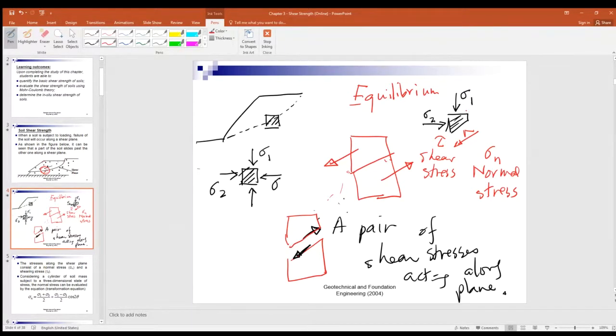particles, if the element is subjected to the vertical stress sigma 1 and the horizontal stress sigma 2, now acting along this plane, there will be a normal stress sigma n and shear stress tau.